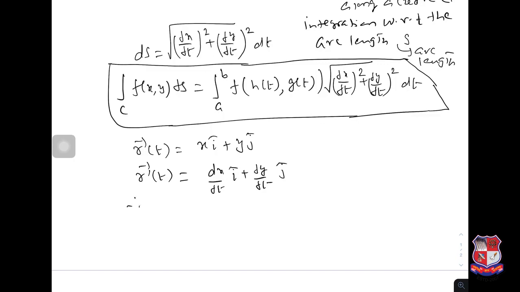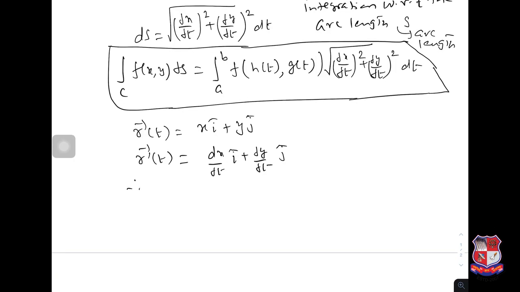And therefore the magnitude of r'(t) is nothing but root of (dx/dt)^2 plus (dy/dt)^2.